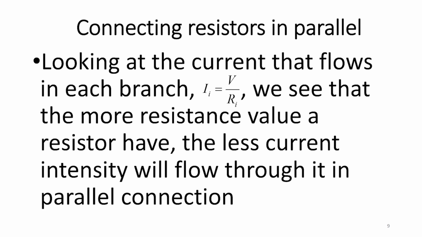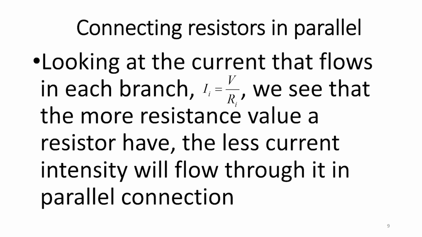Looking at the current that flows in each branch, I equals V over Ri, where lowercase i is the index. It can be replaced by a number, like I3 equals V over R3.